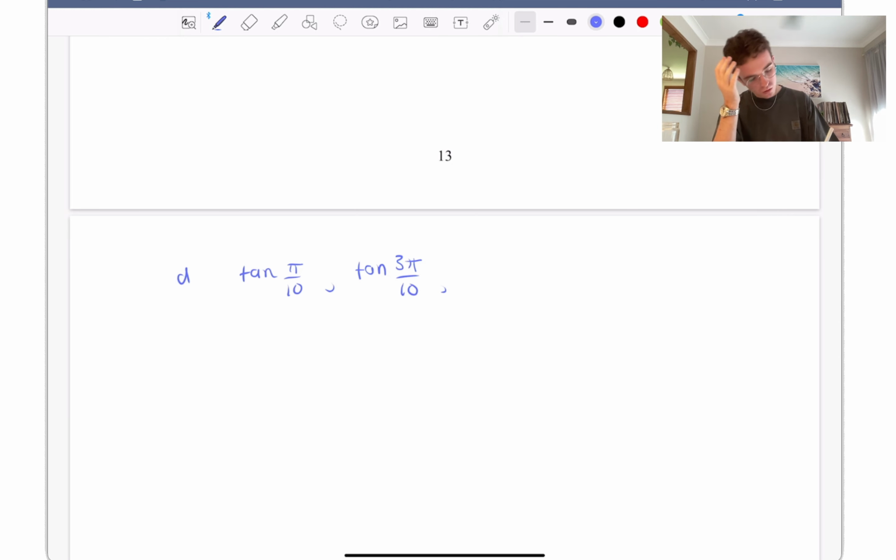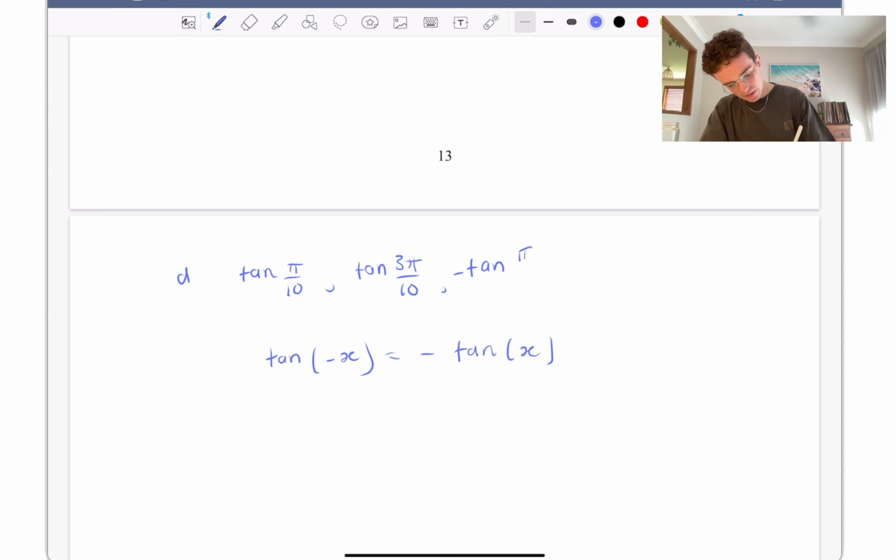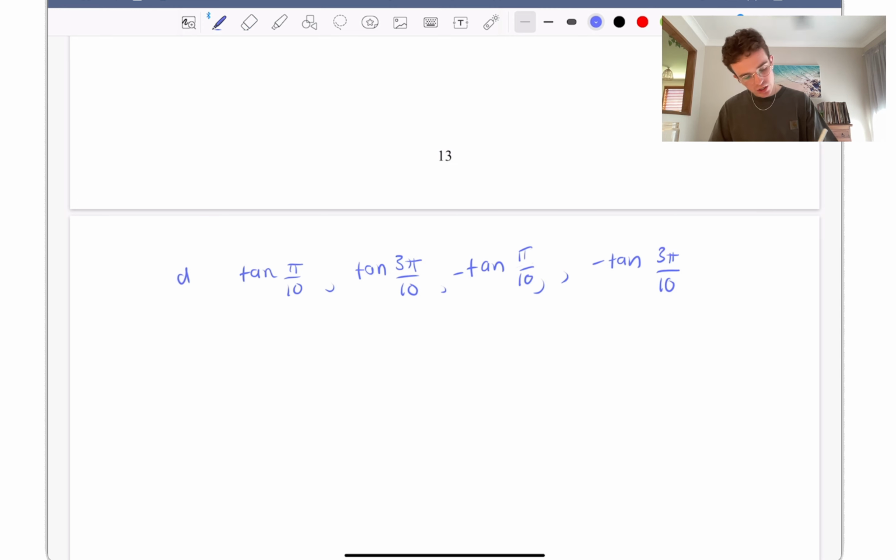However, due to the rule that tan of minus x is equal to minus tan of x, we can say that minus tan of pi on 10 and minus tan of 3 pi on 10 are also solutions, because if I have my equation tan of 4x tan of x is equal to 1, if I put in my negative solutions, the two negatives will multiply and make a positive, so it'll end up being the same as these two substituted in there.